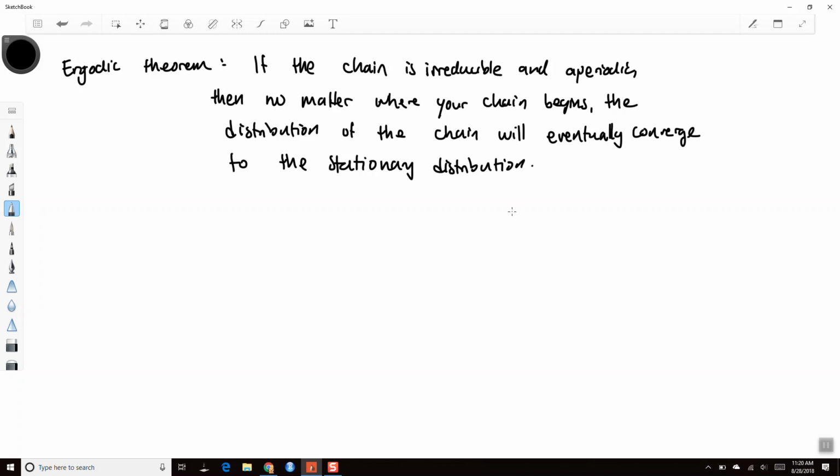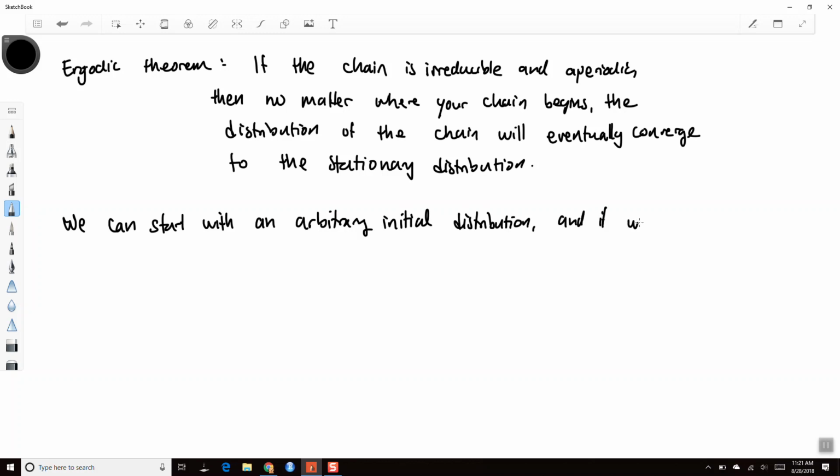Okay, so the idea here is that we can start with an arbitrary initial distribution, and if we keep applying the transition matrix, we will get the stationary distribution.